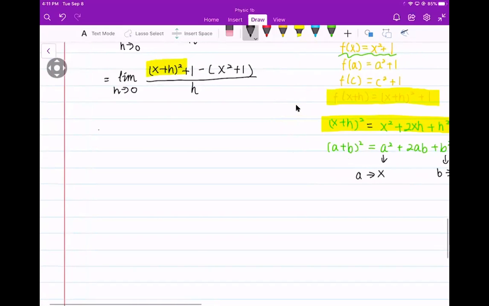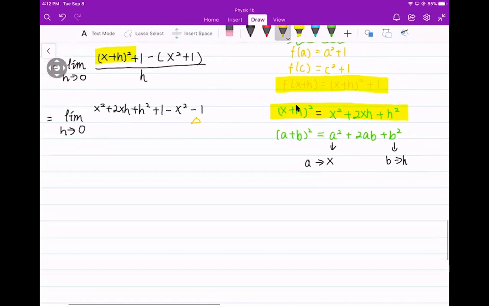So we have the limit as h approaches 0 of x squared plus 2xh plus h squared plus 1. Where is the plus 1 from? It's from here, okay? And then we copy the rest: minus x squared minus 1. So someone might ask why there is a negative 1 here.